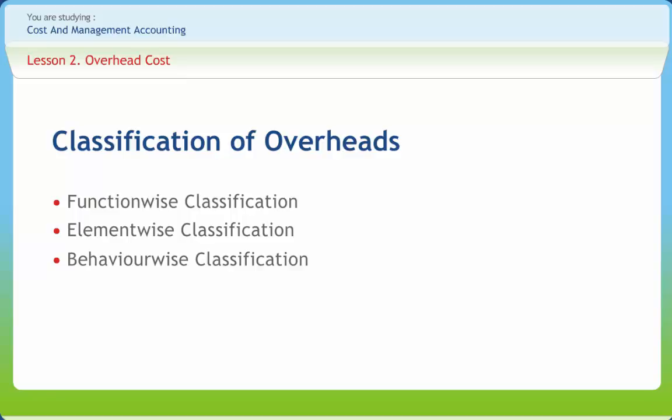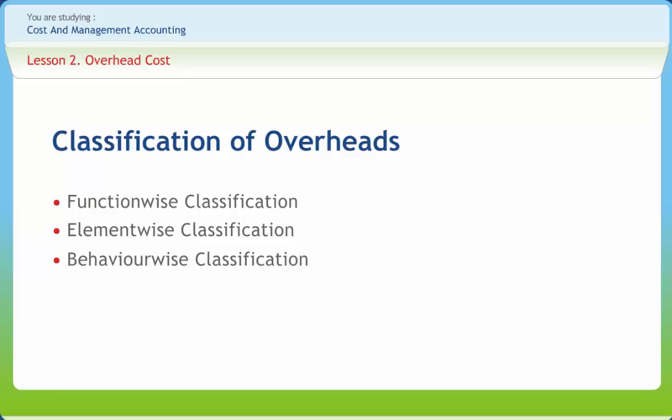Indirect material includes material cost which cannot be allocated, has to be apportioned or absorbed by cost centers or units, for example, fuel, tools, lubricants, etc. Indirect wages is another type of wage which cannot be allocated, has to be apportioned or absorbed by cost centers or units, for example, repair wages, leave pay, idle wages, and so on. Indirect expenses are expenses which cannot be allocated and have to be apportioned or absorbed by cost centers or units.